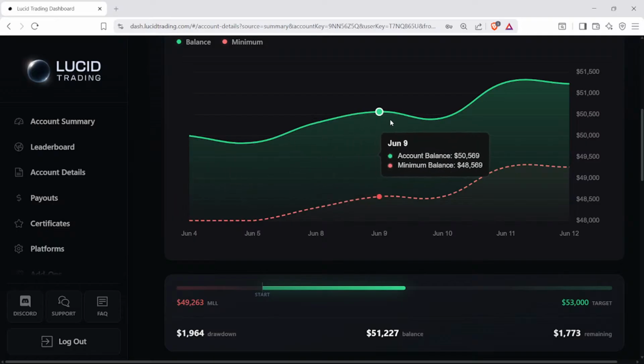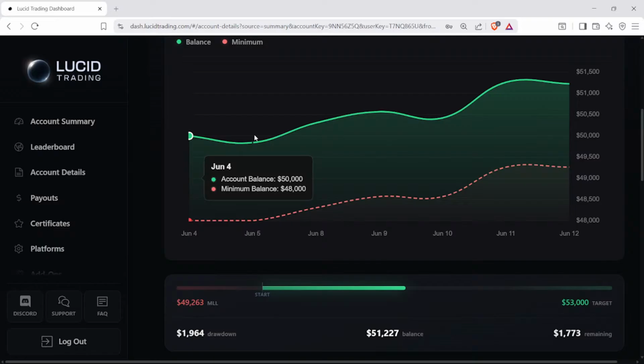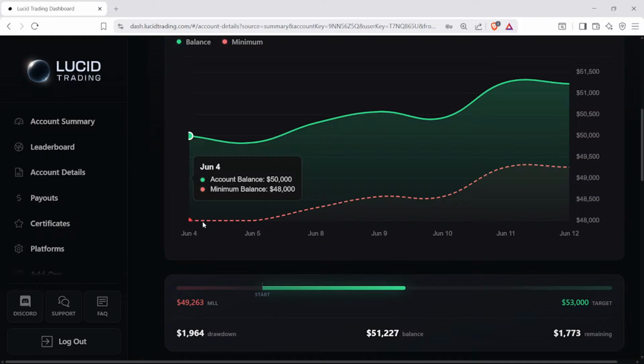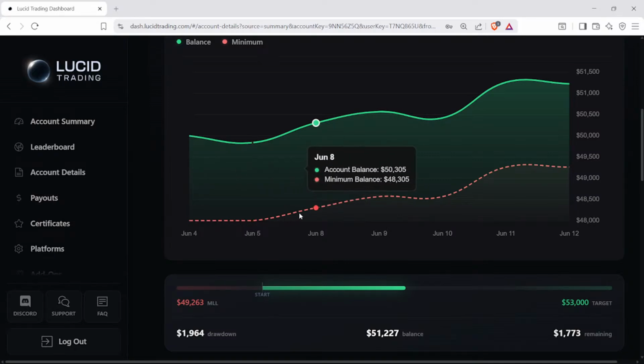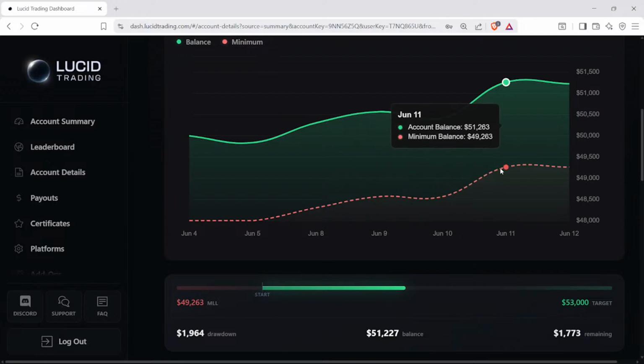So I got a nice little smooth curve to the upside. Let's try to keep it that way. And this is the end of day drawdown balance. So this moves up as you move up, and it moves down, not as much, but it moves down and then moves back up as it moves up.